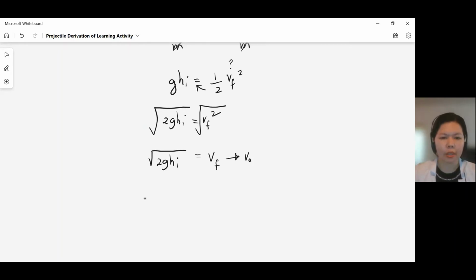Thus, we will say square root of 2 g h initial equals v naught. Moreover, since this water is physically coming out from the hole to the right, or along the horizontal, this initial velocity is therefore the initial velocity of the water along the x-axis. Let me write that one down. V naught x is equal to square root of 2 g h initial.